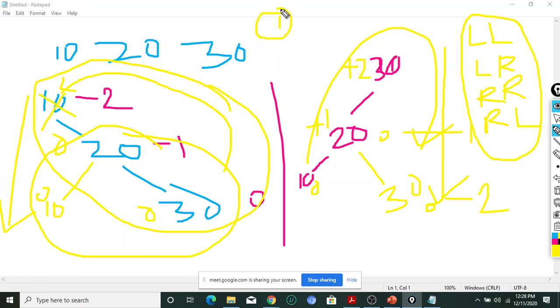Now we have seen that if I want to convert this tree to a height balanced tree, then every time we have to perform some rotation. There are four kinds of rotation. One is called LL rotation. Please remember this.